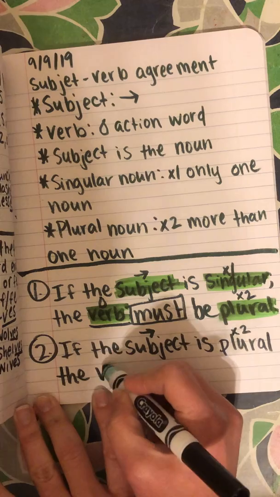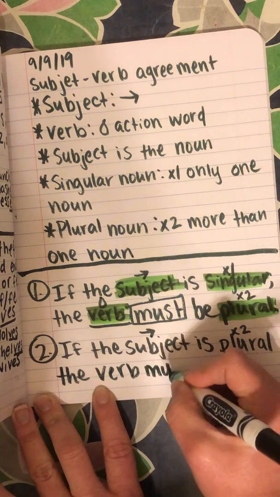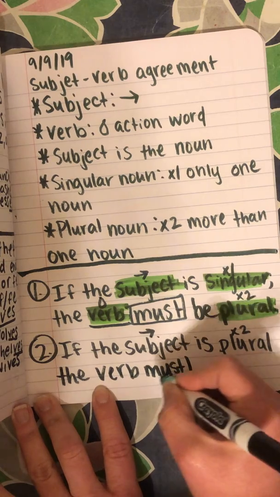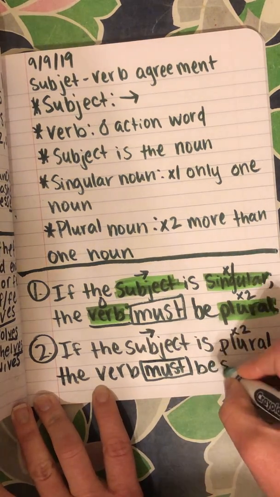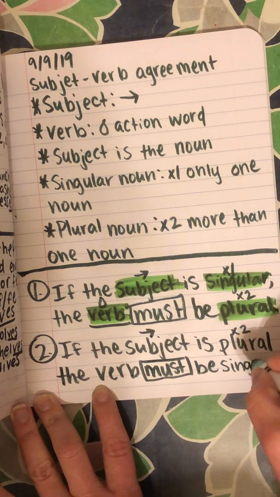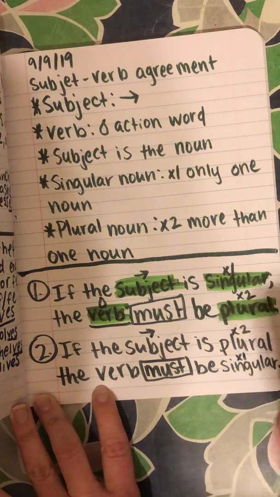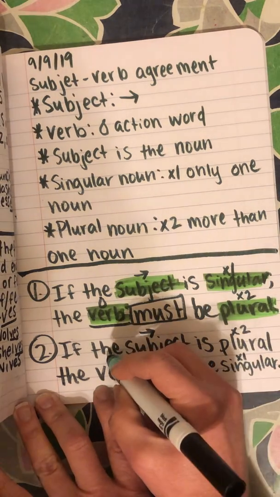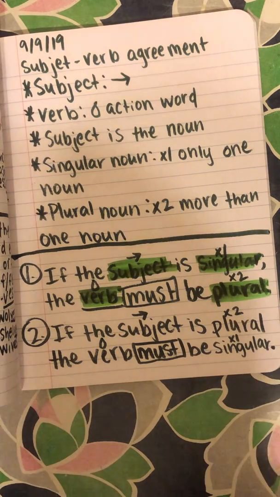The verb must be singular. Times 1. Okay? Make sure that all your words have their symbols so that you know what they are when you come back to them.